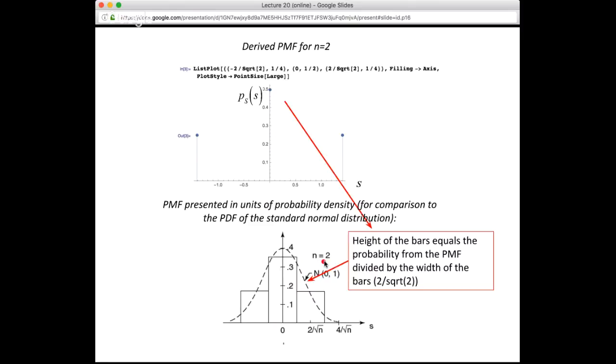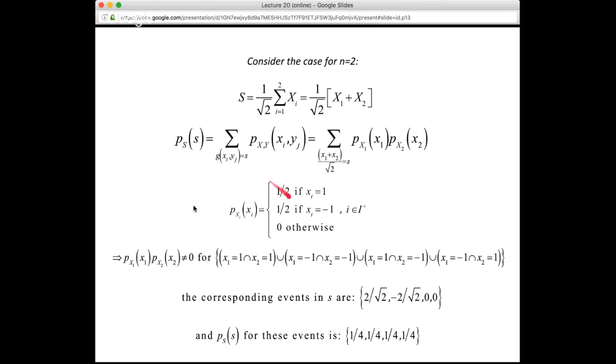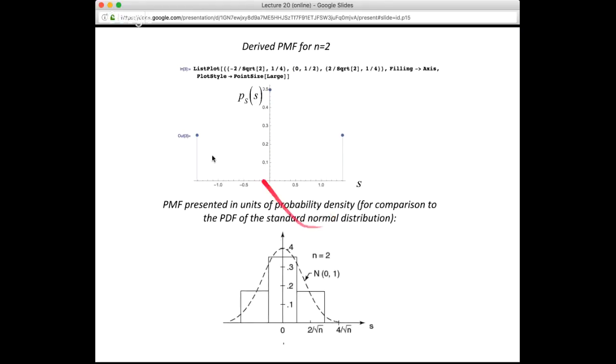Let me go back again. I don't remember exactly. There it is. At xi equal to 1 and xi equal to minus 1. So that doesn't look anything like a Gaussian PMF. But when you then add the two random variables, each of which is distributed in that way, together, you end up getting something that does look a little bit like a standard normal PDF.